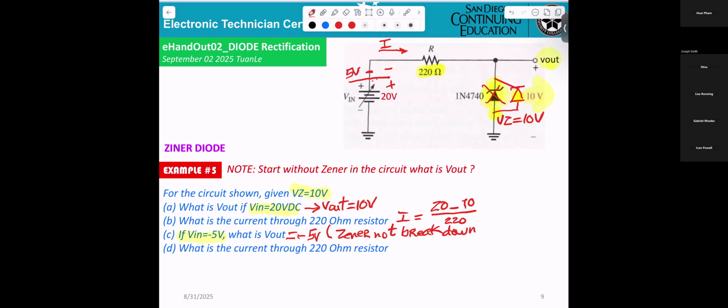It looks like a normal diode. Then it will be VD. Let's see. Diode working normal.